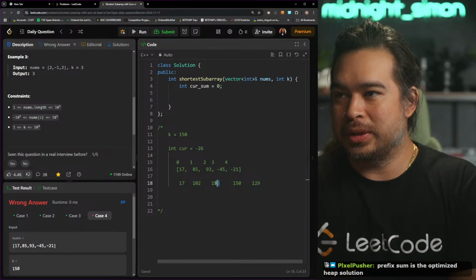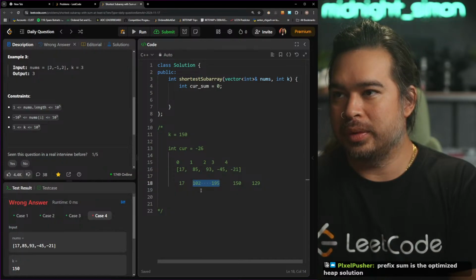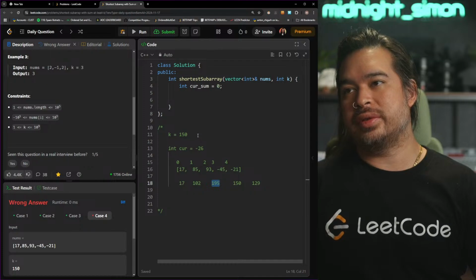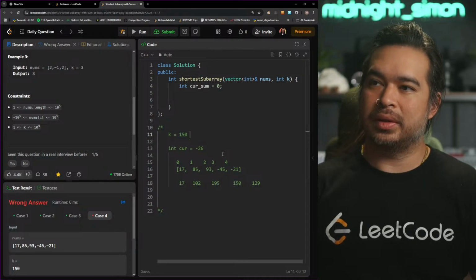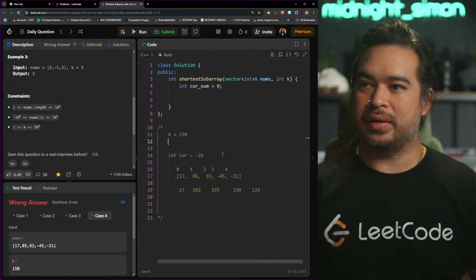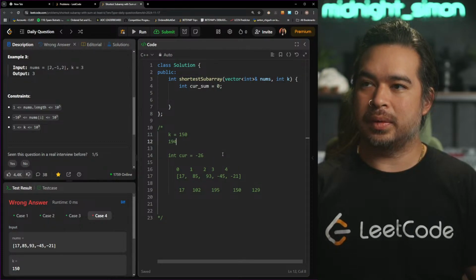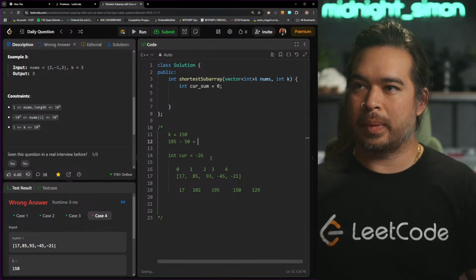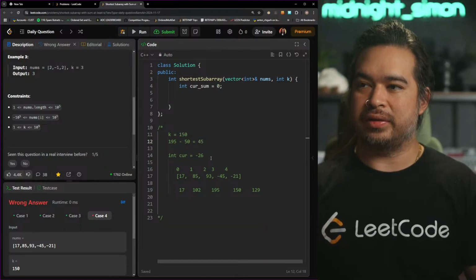So this answer is supposed to be 2. Because, alright, 195 minus 150, that would be 145.